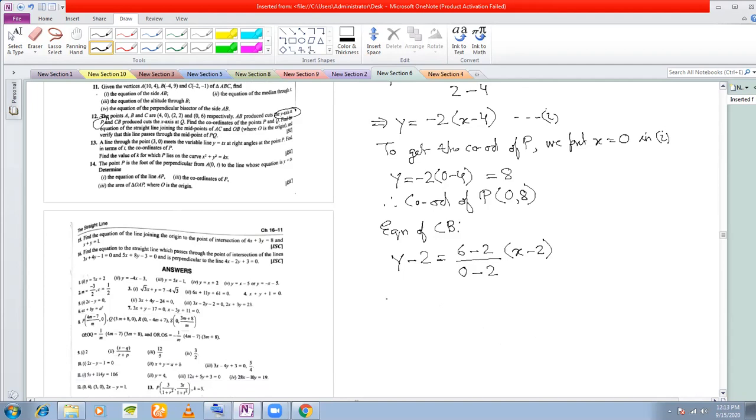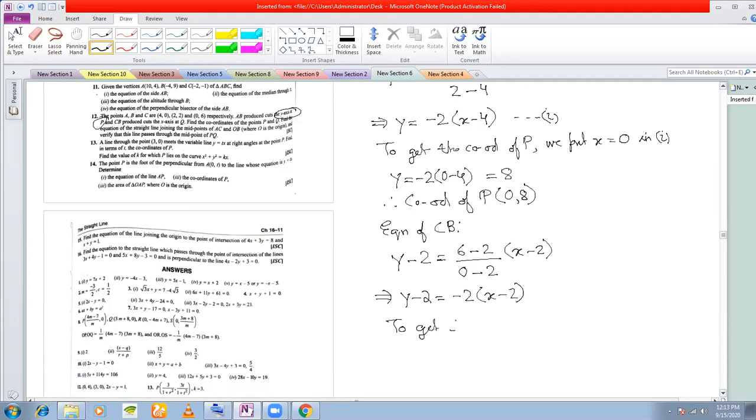We simplify this a little: y minus 2 is equal to 4 by minus 2, which is minus 2, into (x minus 2). So what is the point here? The point here is Q, and Q is on the x-axis.